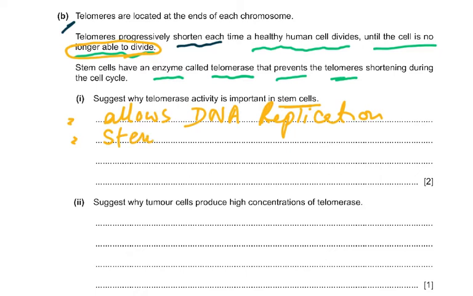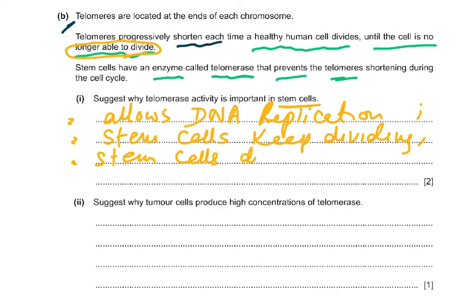The ability of stem cells to divide is unimaginable. So stem cells self-renew, or they keep dividing. These are the words that the mark schemes are making you use. So please be very aware of what the words are. Keep dividing, or you can say self-renew. Then stem cells differentiate into different organs, as I said earlier.